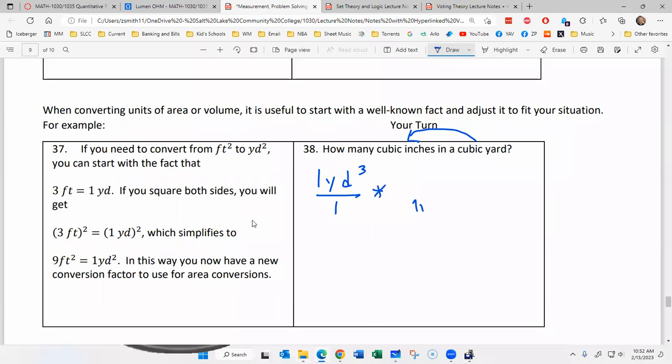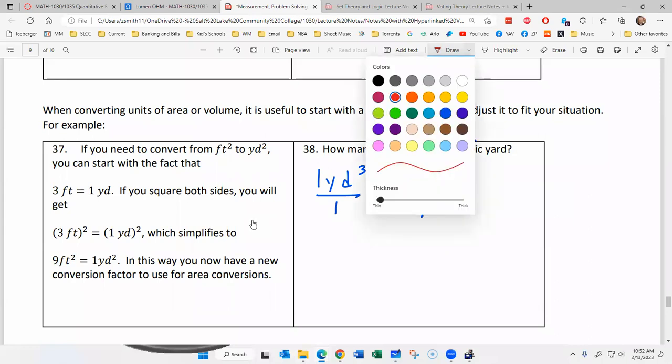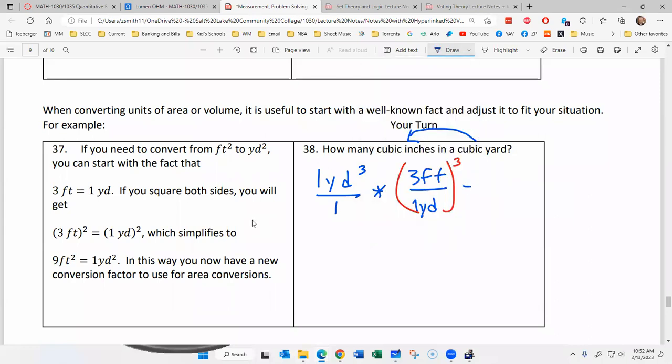I know 1 yard is 3 feet, but I can't use that conversion factor because the yard cubed doesn't reduce with just a yard. But that's a form of 1. I can cube it, and now it'll work. In 1 foot, there are 12 inches.